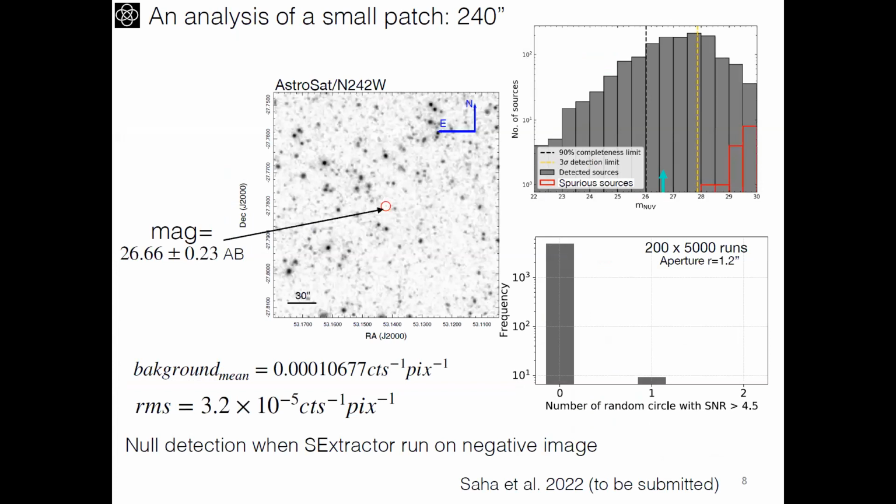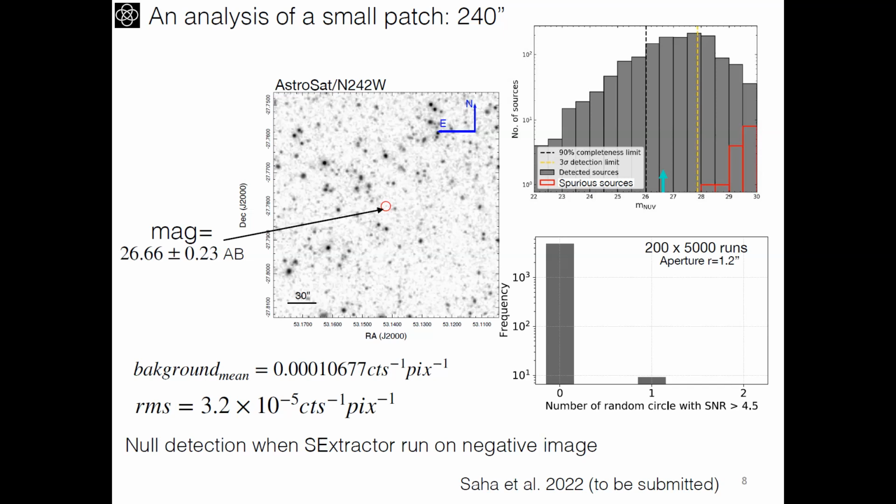In a piece of analysis that you do, this is a 240 arc-second by 240 arc-second piece of the image, and this is where we run SExtractor. What I'm showing here is a source which is 26.6 magnitude, for which we have a MUSE spectrum, and this is actually at redshift 5.9. Here we estimate the background and the RMS, and on the right side you can see all the sources detected by the traditional SExtractor software.